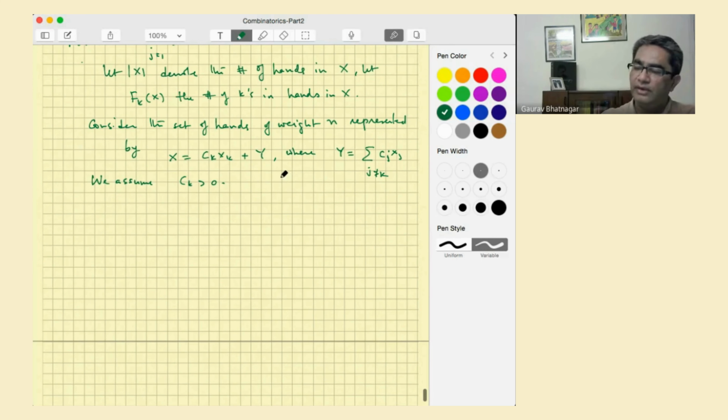So what is the number of hands in X? How many are there? We count it. This is the number of hands in Y, and here, let me write down the formula and then I'll explain.